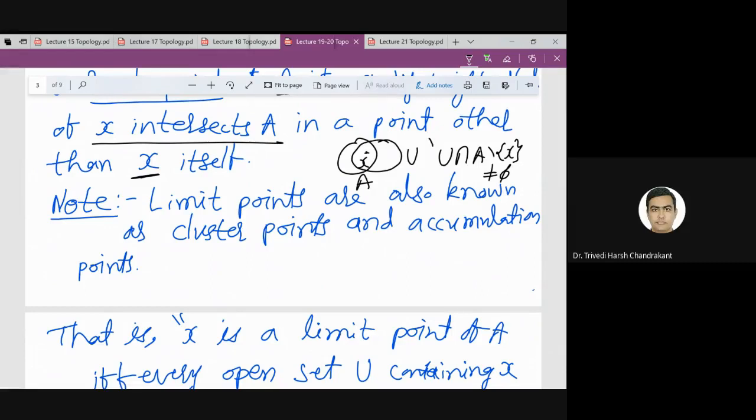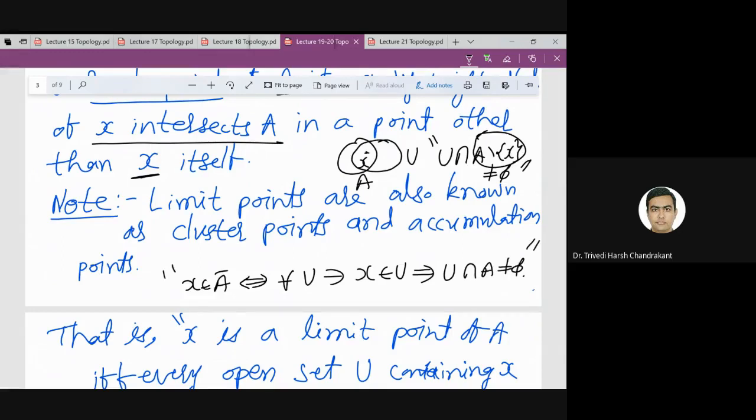And this is the same as considering the closure of this set. What is the definition of x belongs to A closure? Every neighborhood U such that x belongs to U implies U intersection A is non-empty.